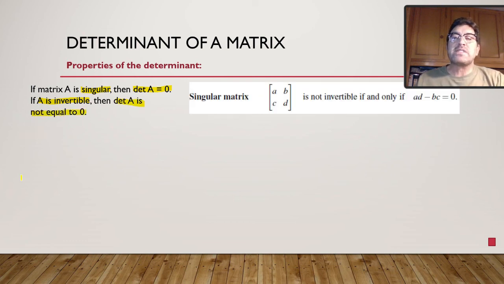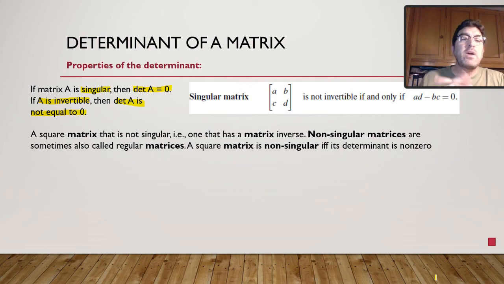So if we have a singular matrix like we have over there, and AD minus BC is naught, the matrix is not invertible. A square matrix that is not singular, in other words, it has an inverse, means that the determinant is not naught. Folks, remember that, because that's going to help us when we work with determinants.